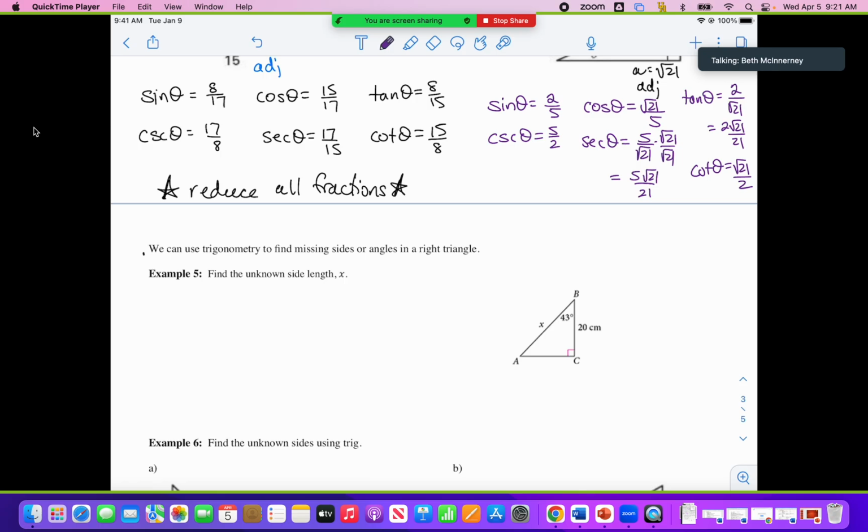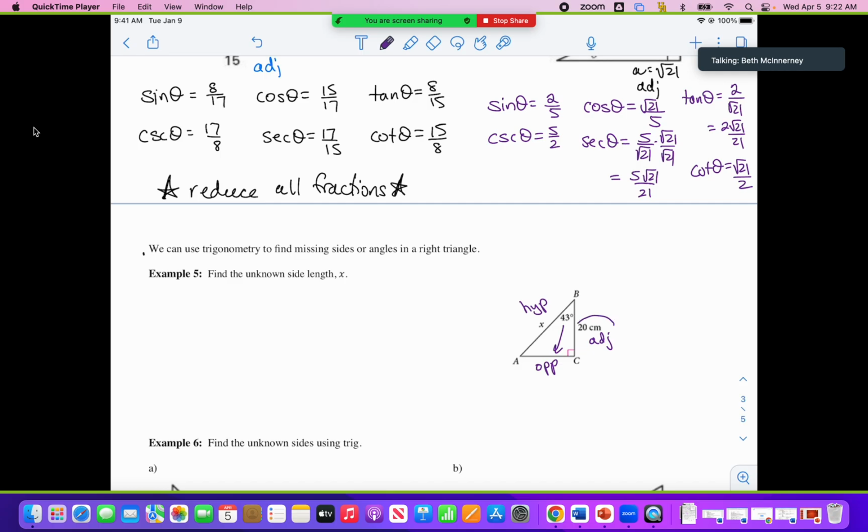All right, now I'm going to get to what Sarah was talking about. We can actually use trigonometry to find missing sides and angles. So in example 5, it says find x. So here's what I'm going to do. This is the opposite, this one's the adjacent, and this one's the hypotenuse.